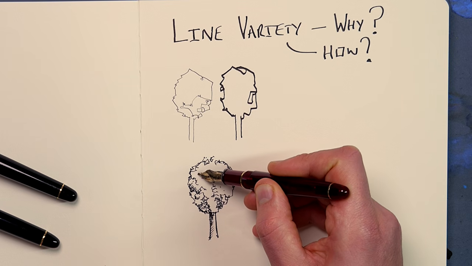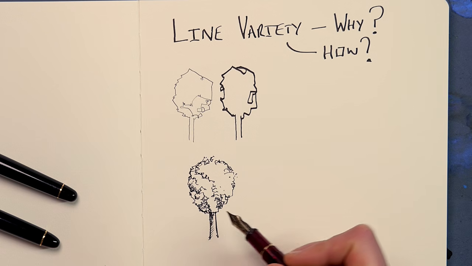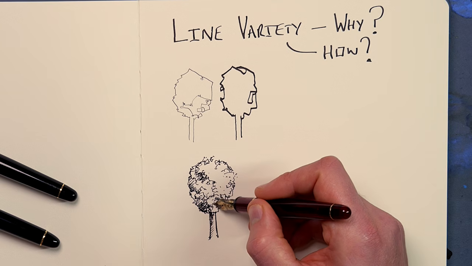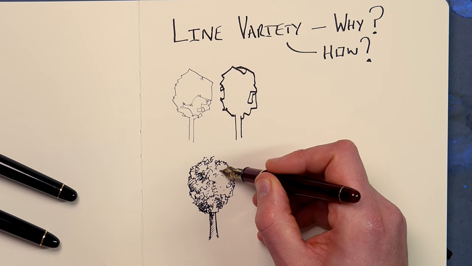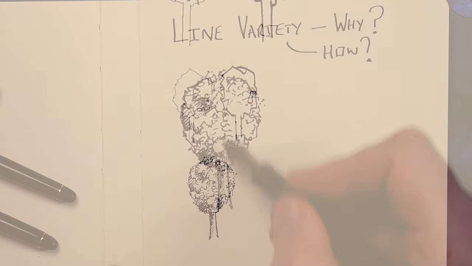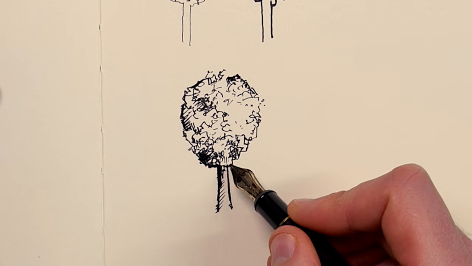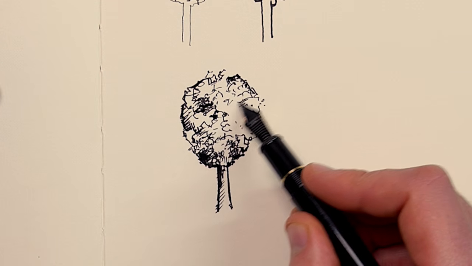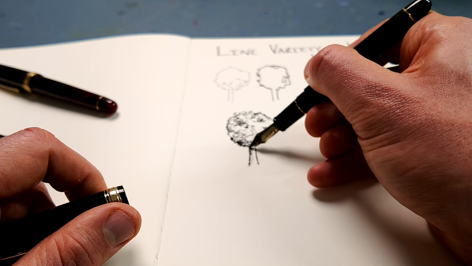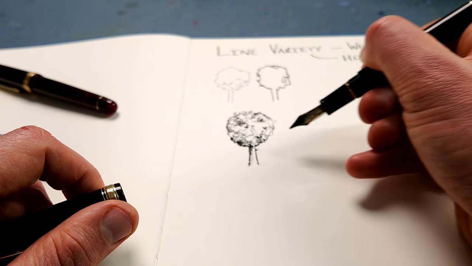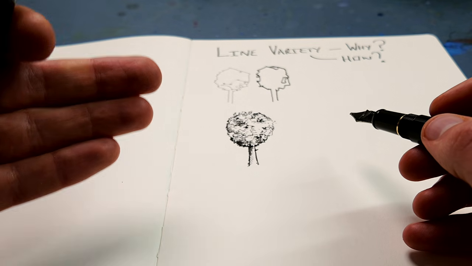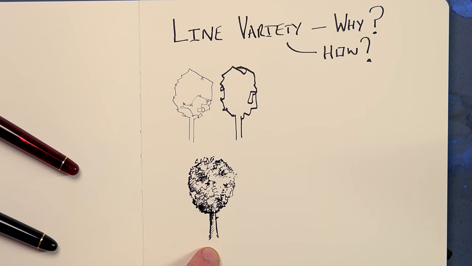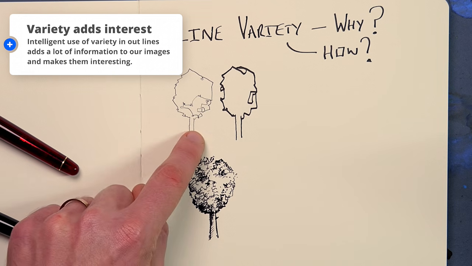And this is all through changing the weight, changing the type of line, and we end up with something far more interesting. Using a bolder pen can push that variety even more. So we end up with a real dramatic shift in the lightest line, the darkest line. And just look how much more interesting this tree is compared to these two.